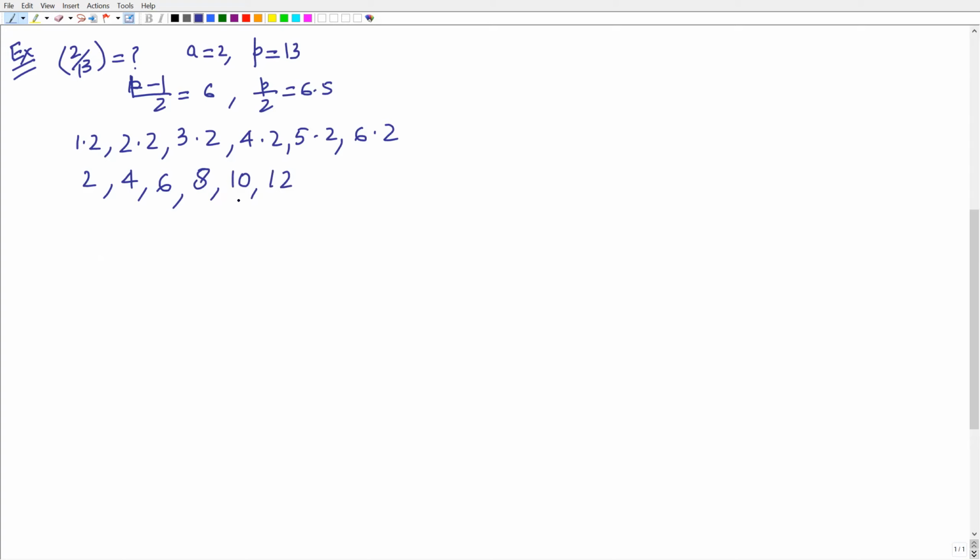So there are some numbers which are exceeding 6.5, and nu is 3 here. So the Legendre symbol of 2 over 13 is minus 1 to the power 3, which is minus 1. So there will be some integers which are greater than p/2.